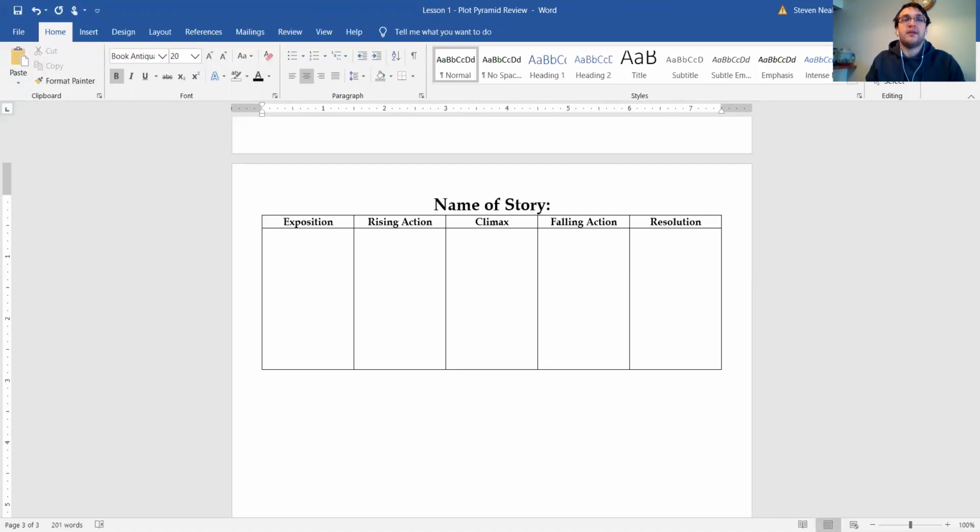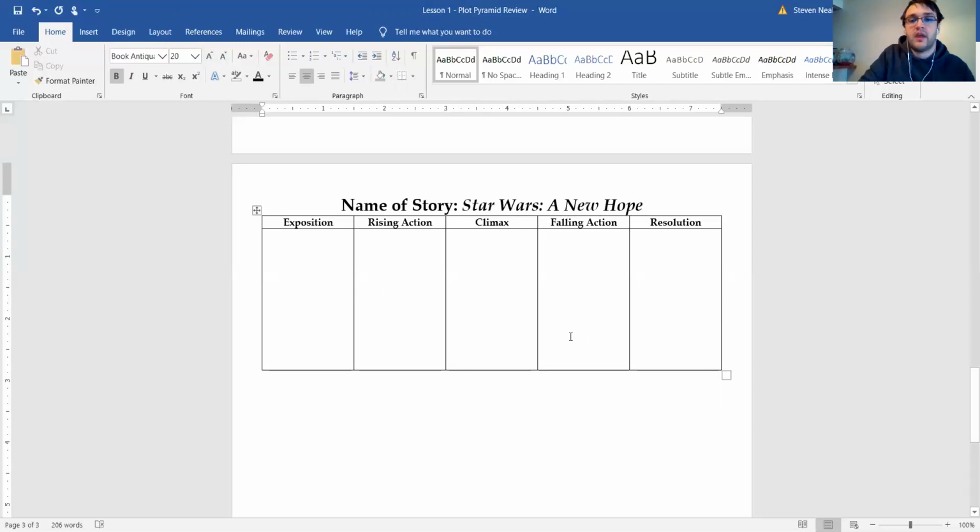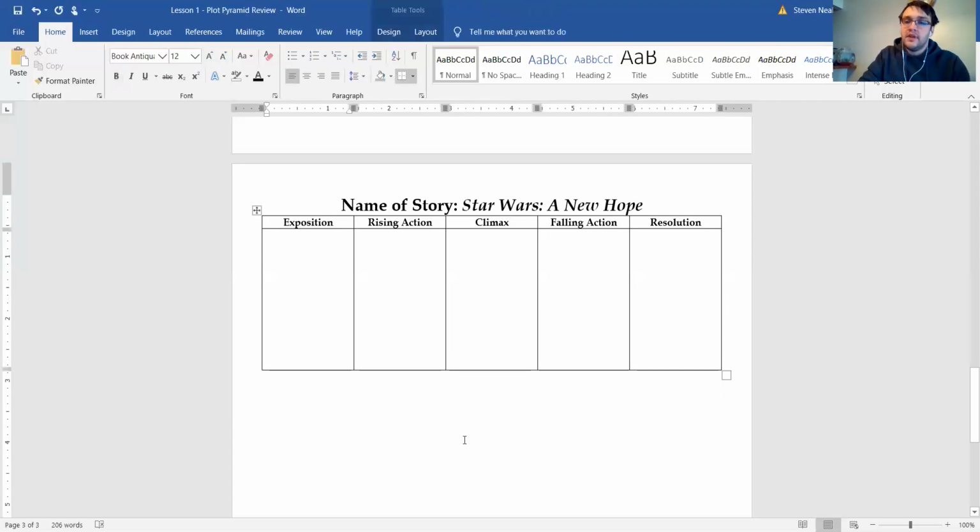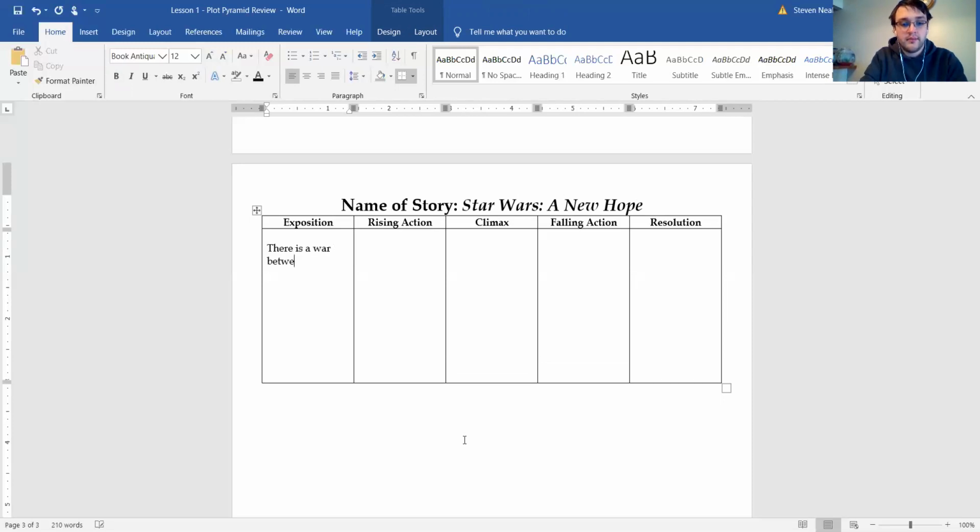I am going to pick, of course, Star Wars: A New Hope. So, in this story, at the exposition, we learn that there is a war between Empire and Rebel elements.